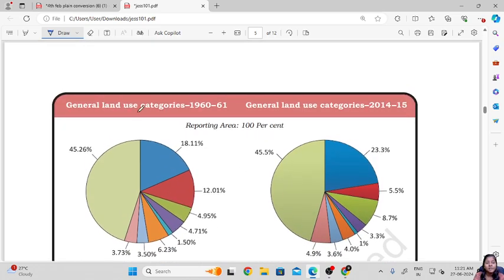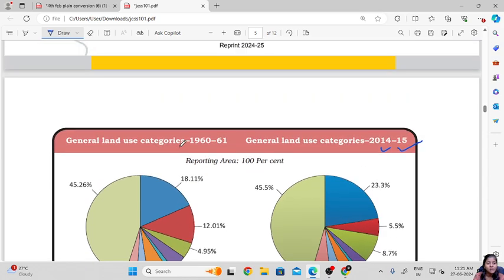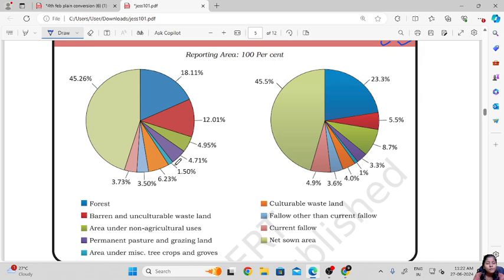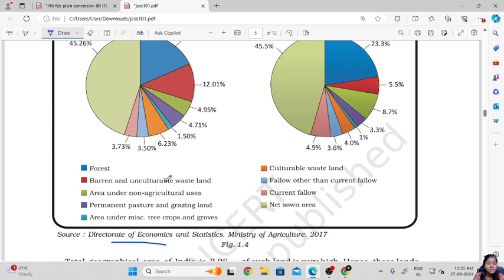we can see general land use categories for 1960-61 and for the year 2014-15. In 1960-61, the reporting area is 100%, and forest land is around 18.11%. Then barren and unculturable wasteland is 12.01%.